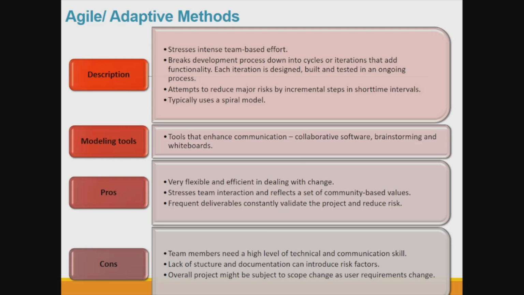And then the overall project might be subject to scope change as the user requirements change. Okay, so these are the three parts of the methods under the business information system methodology.